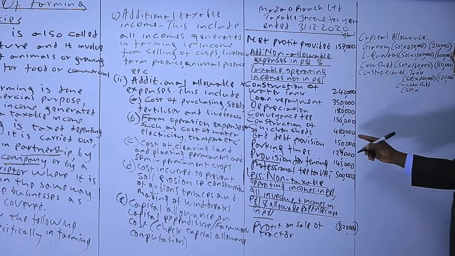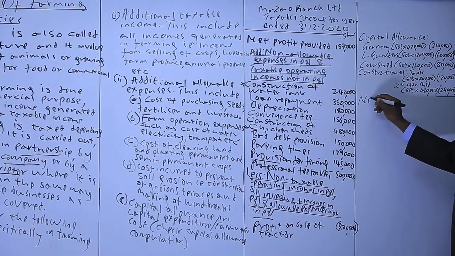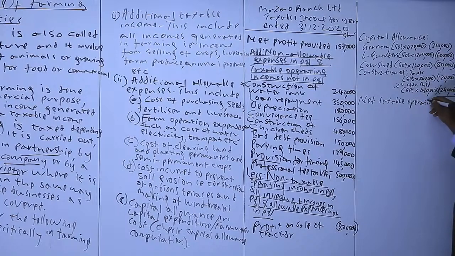Chicken shed we had for 80. That will be 240. And since there is no other fixed asset and we are done with the allowable expense not in P&L, we get the net taxable operating incomes.